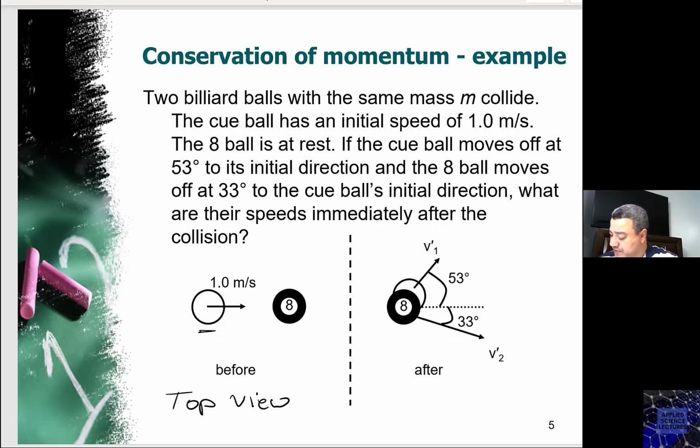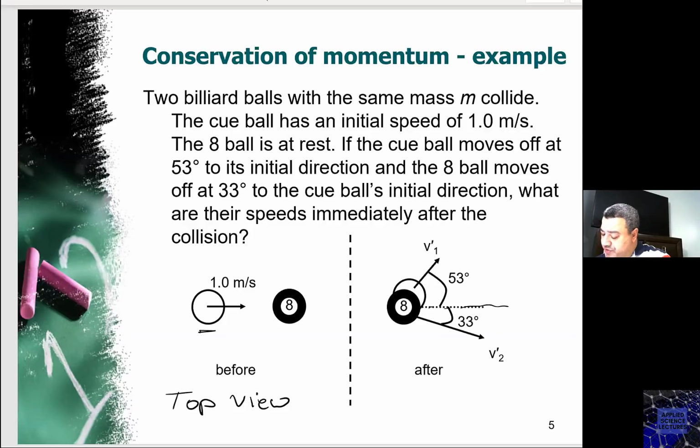And then this is after they collide. The cue ball is going to go above the horizon, above this line by 53 degrees, while the black ball is going to go, as you can see, 33 degrees from this line. So what do we need to do here?